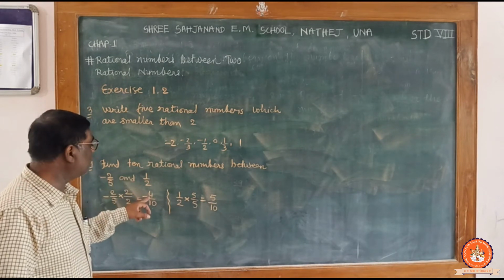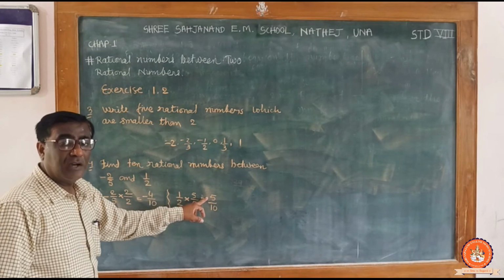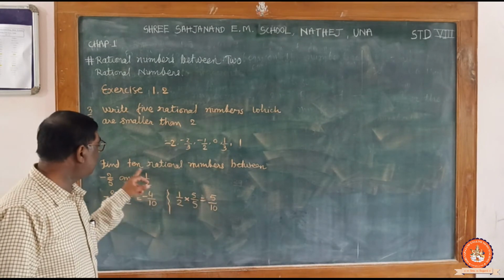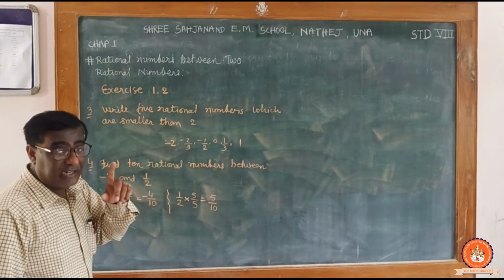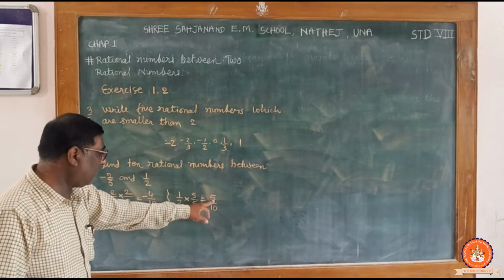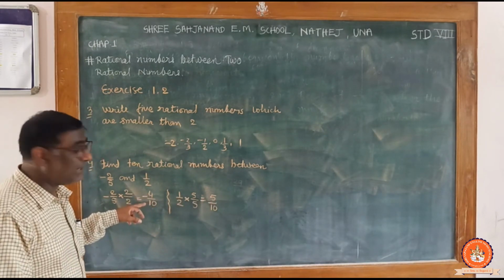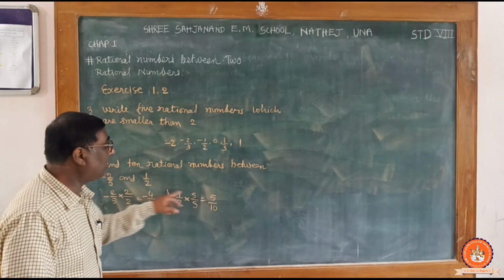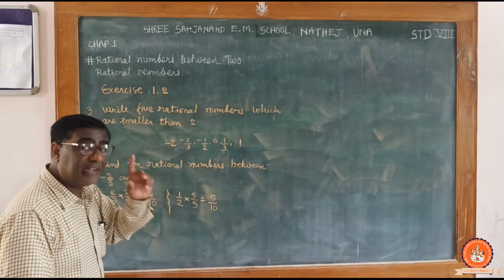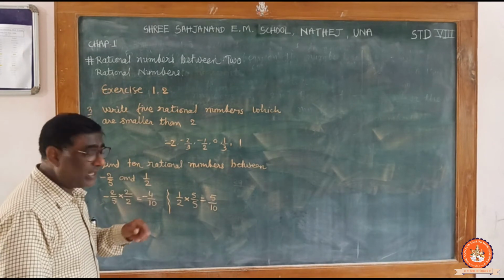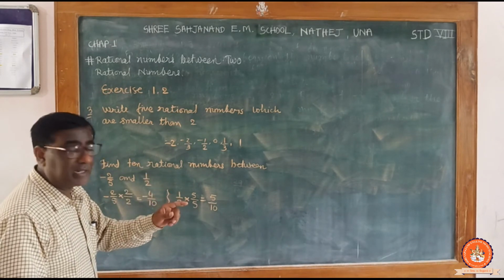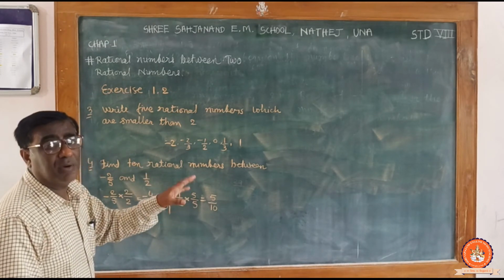It should be 11 here. There must be a difference of 11 between the numerators of both the numbers. If it is not, then we have to multiply by a suitable number.